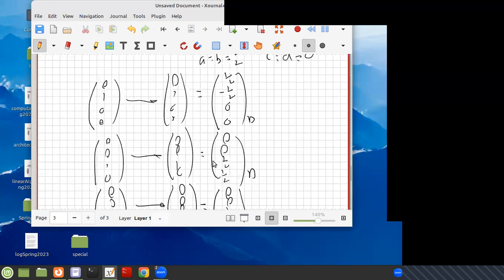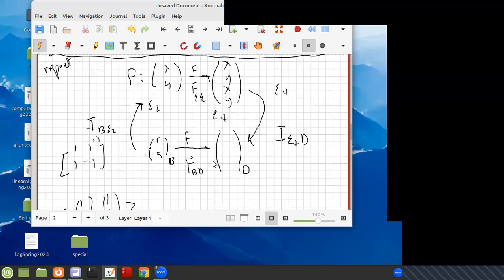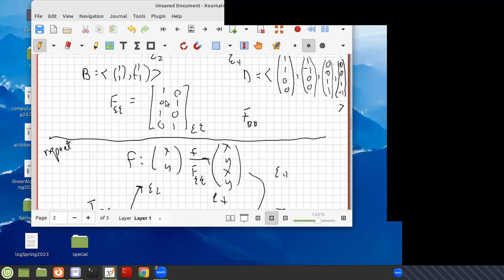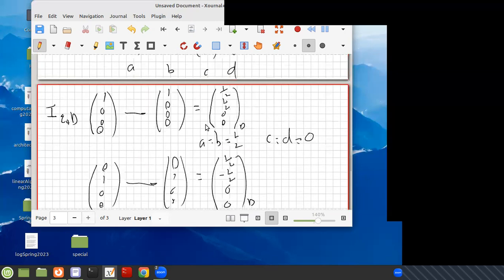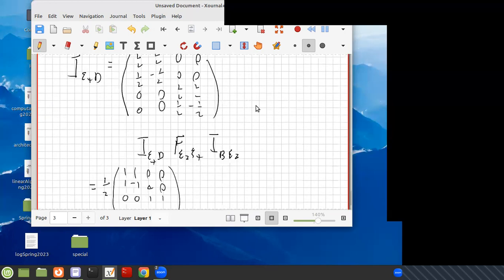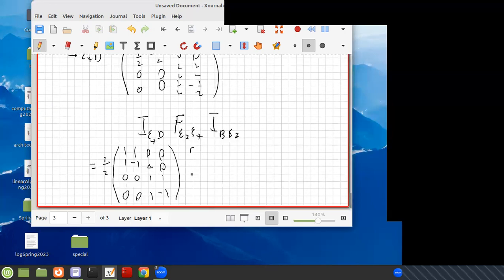Then I have to have F here, which I found here: 1, 0, 1, 0, 0, 1, 0, 1. Okay, and now this works.